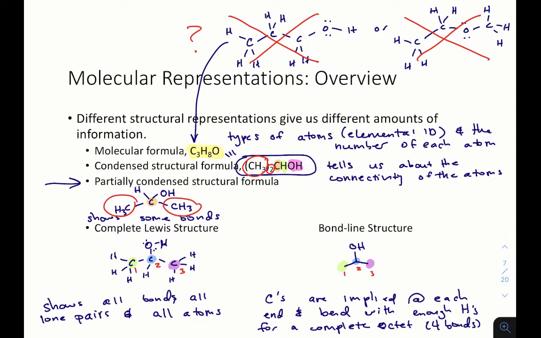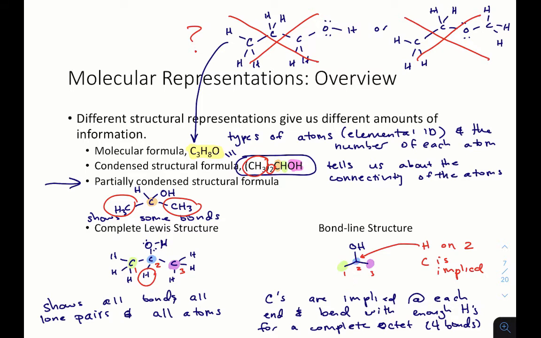It is implied that carbon 2 has that one hydrogen atom. How do you know there's one hydrogen atom? Well, carbon 2 is making 1, 2, 3 bonds that you can see. That means it must make one more bond to a hydrogen atom in order to have a complete octet.